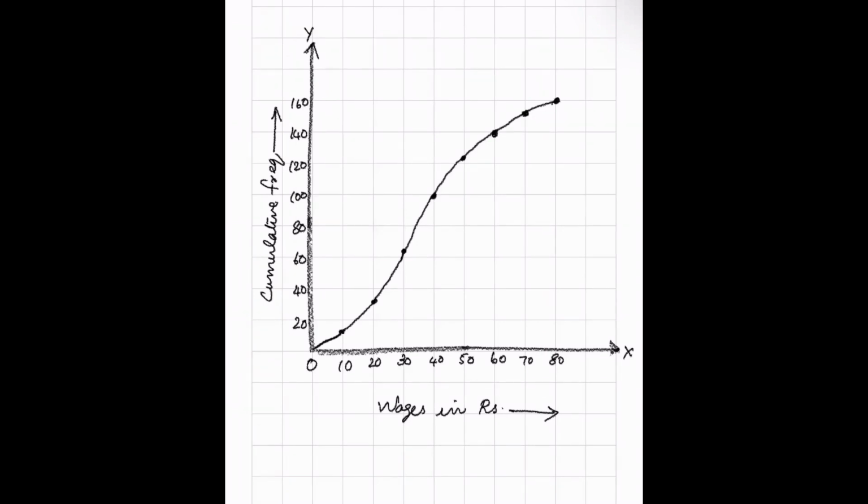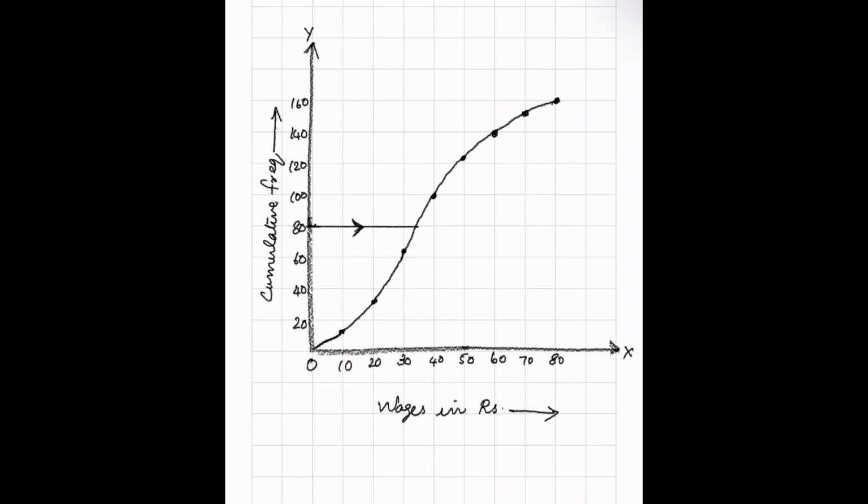Now you just need to mark the 80th term. 80th term means you have 80 as one point, so just mark against that. You draw like this, put the arrow in this direction.